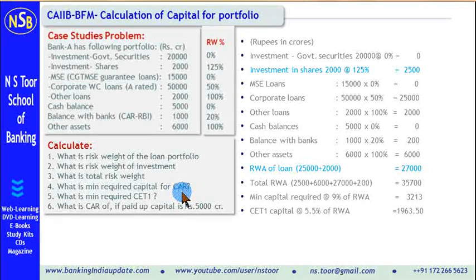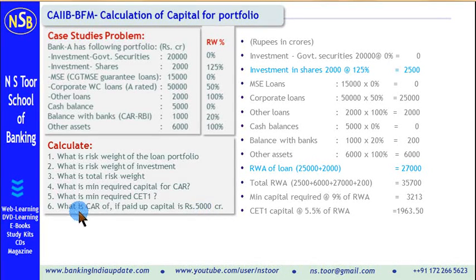What is minimum required capital for capital adequacy ratio? So 9% is the capital adequacy ratio. So minimum capital required is 3,213 crores. And CET1 capital 5.5%, so that is 1963.50. And the sixth question, what is capital adequacy ratio if paid up capital of the bank is 5,000 crores?